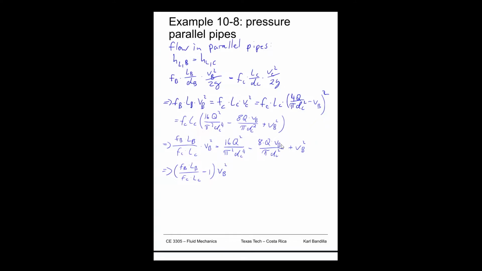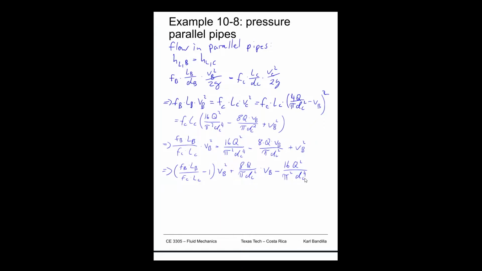Then we have a term here that has a VB in it, so we can bring that over, that'd be plus 8 times Q over pi DC squared times VB, and then we have that one, bring that over, it'd be negative, so 16 Q squared over pi squared DC to the 4th power. All right, this is a nice little quadratic equation that we can now go ahead and solve.